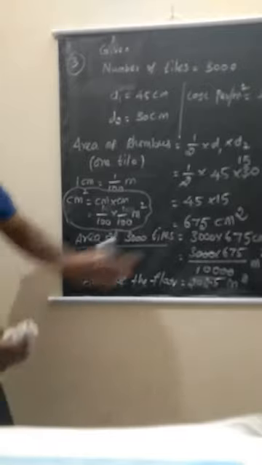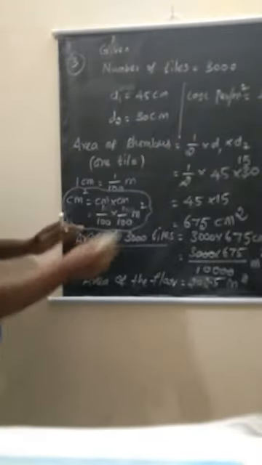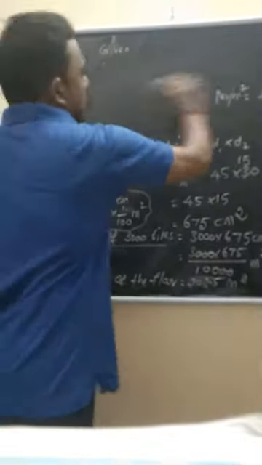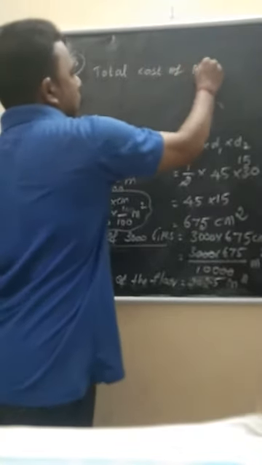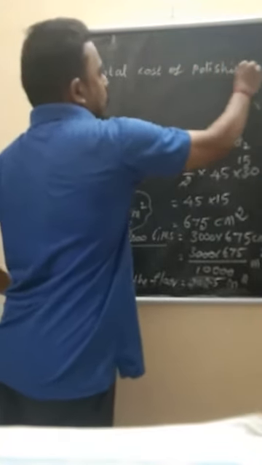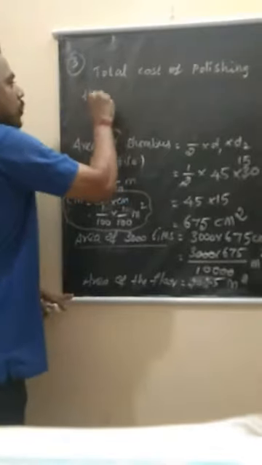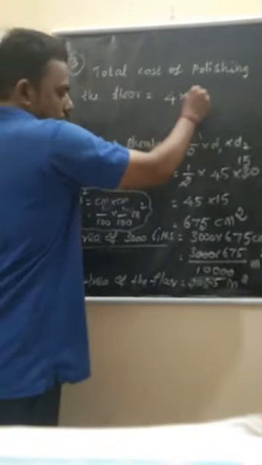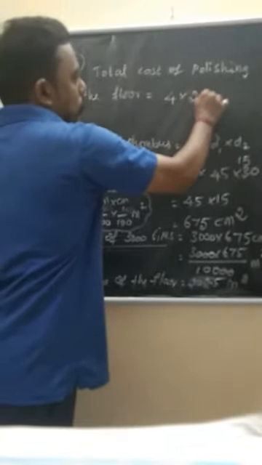Now we need the cost. So therefore total cost of polishing the floor equal to rupees 4 into 202.5.